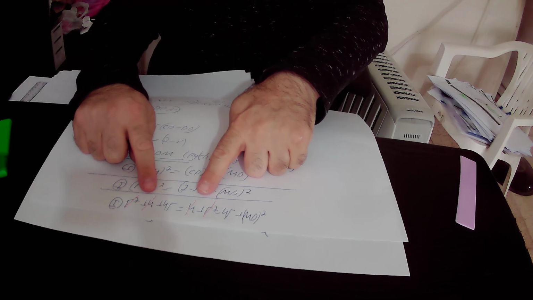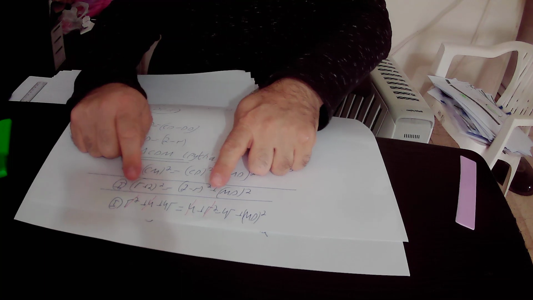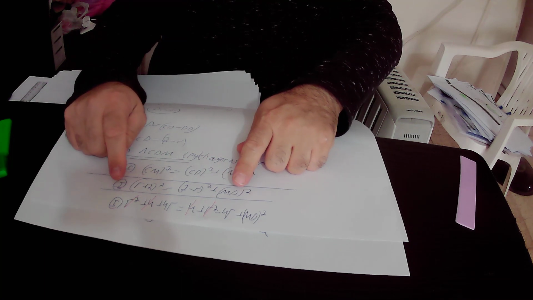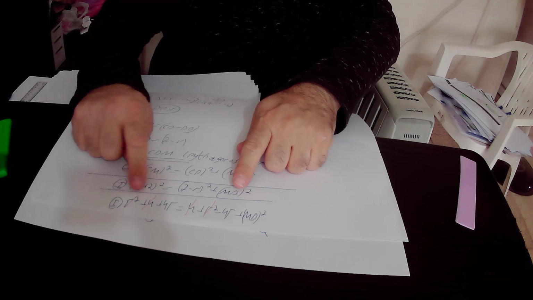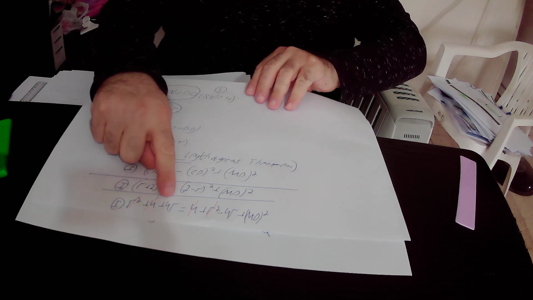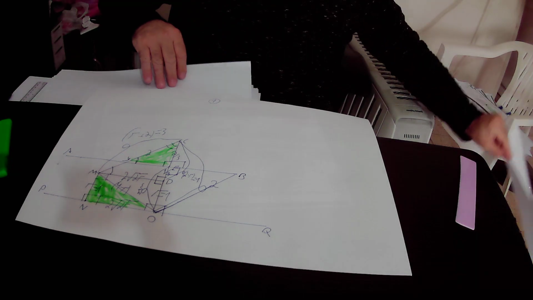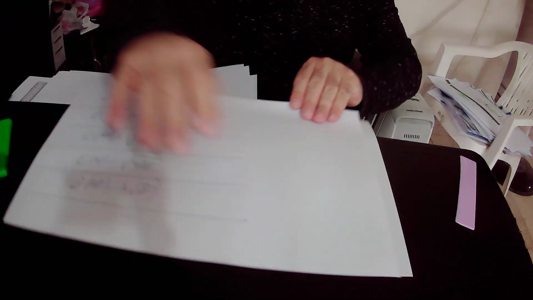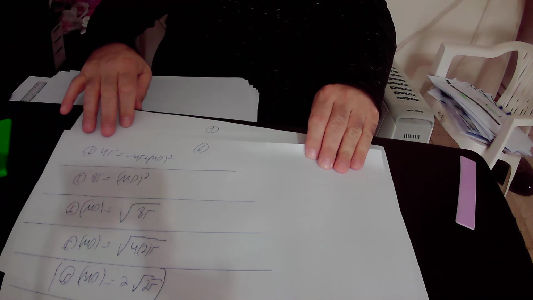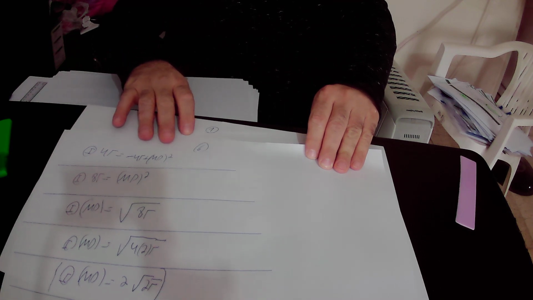What is left on this side is 4R, and on the other side is minus 4R plus MD square. So we got 4R equals minus 4R plus MD square.